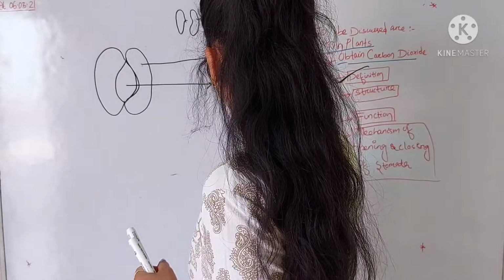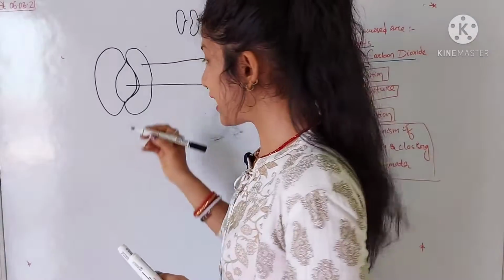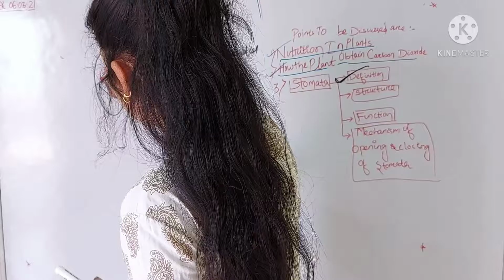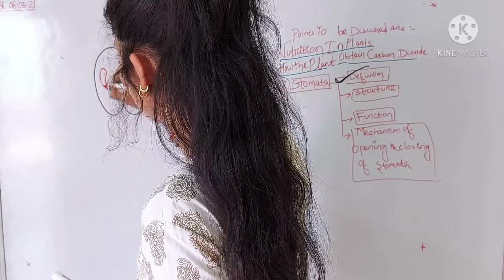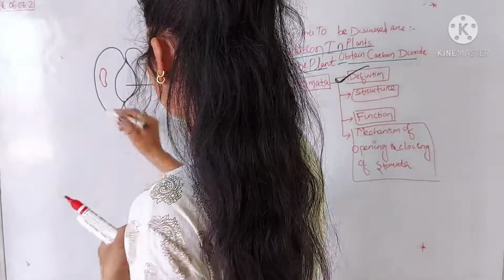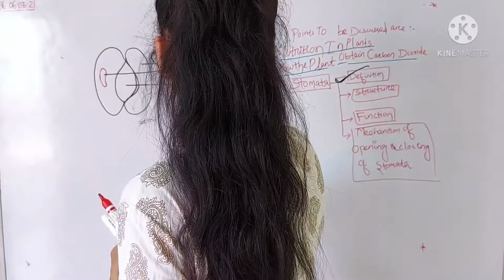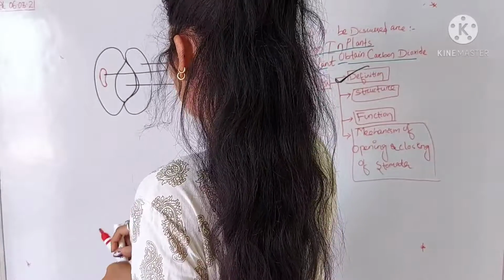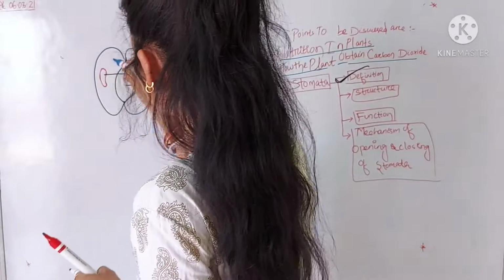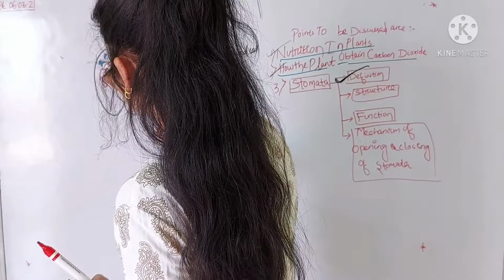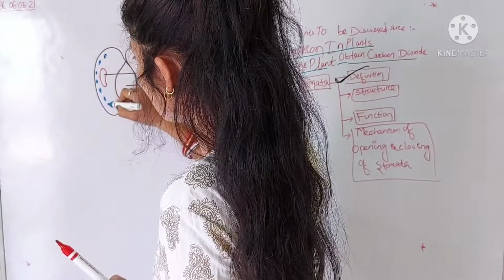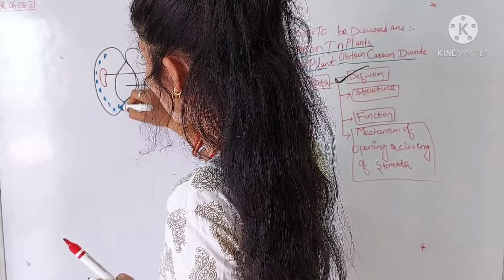So this is the guard cell. Inside the guard cell the vacuole is present, and several numbers of chloroplasts, which are green colored bodies.